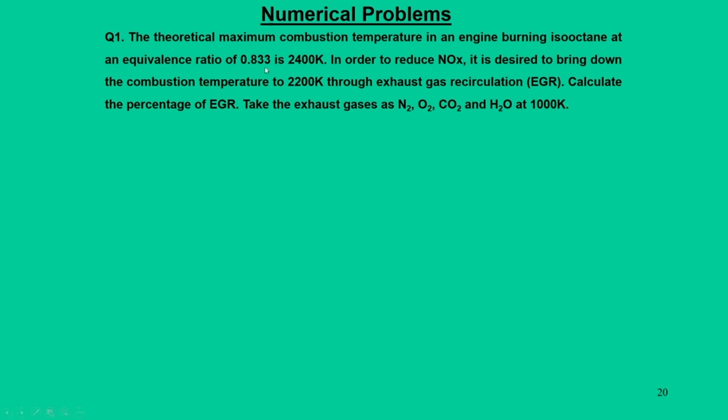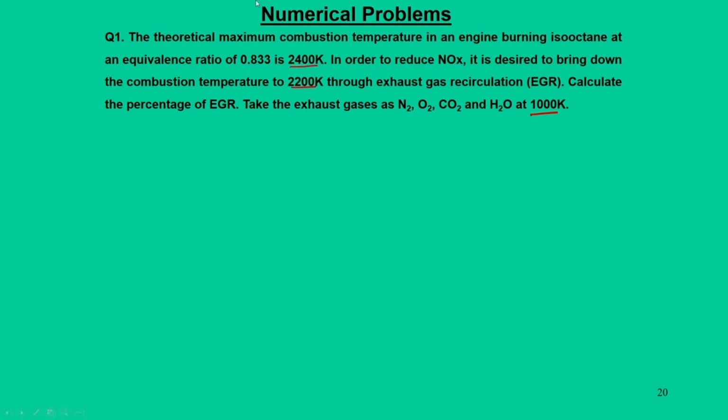And of course, there are some temperatures you need to look at; all the data has to be referred at these temperatures. The expected exhaust gas temperature is 1000 Kelvin, and we also need to find the product enthalpy of formation for the products at these temperatures.